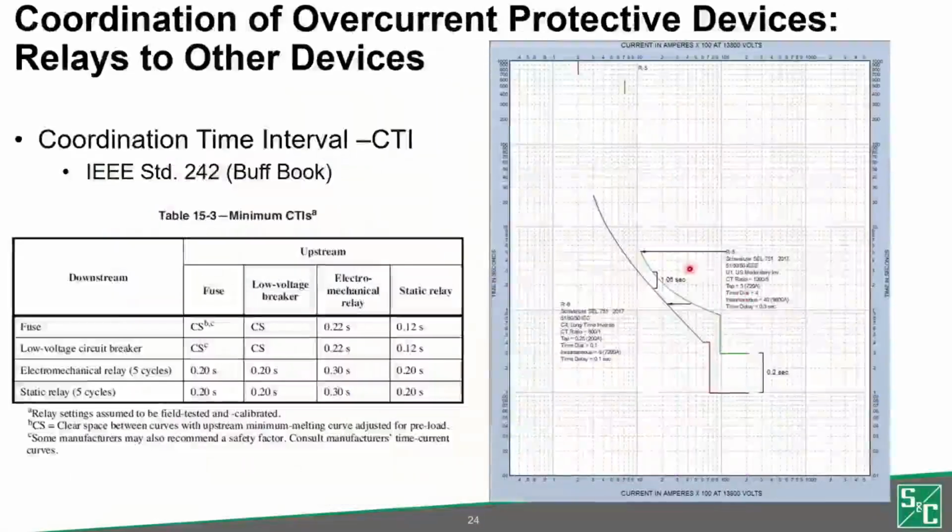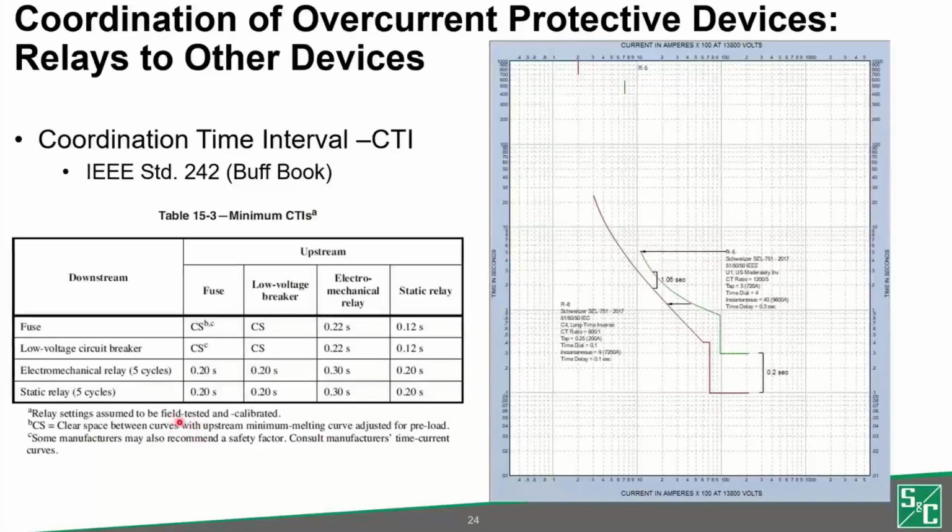Let's see. Now, I think this is the most requested device when we did the poll question at the beginning: relays. So how do we coordinate relays to other devices? According to the Buff book, there's again that coordination time interval table. There's a minimum coordination time interval. That means the minimum is, you know, the minimum.